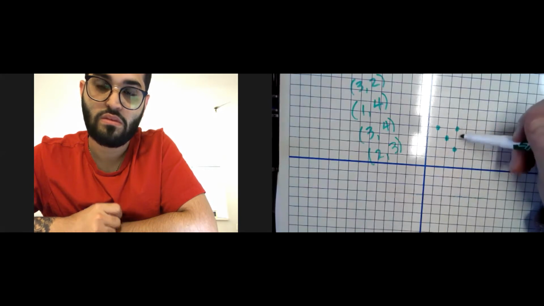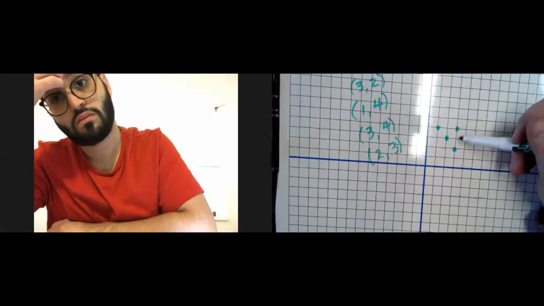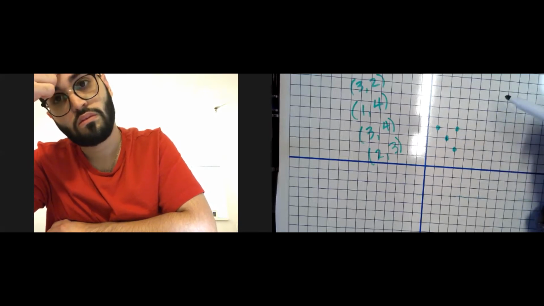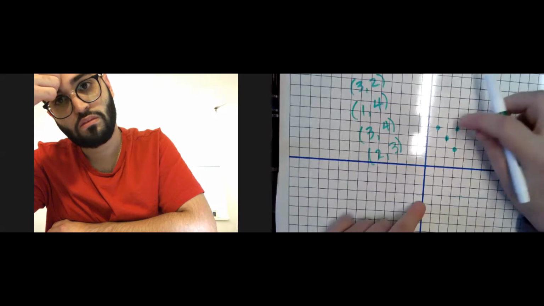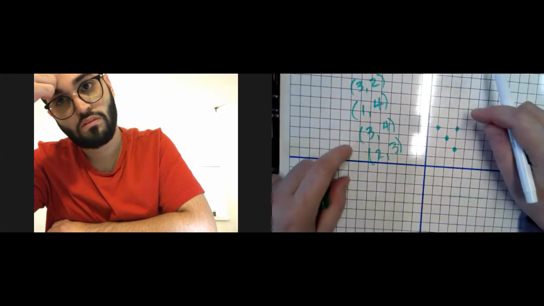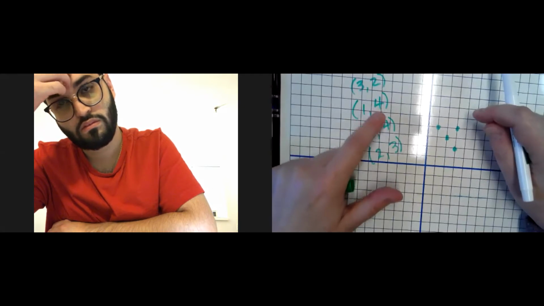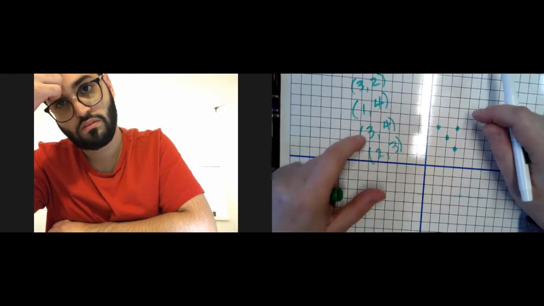So this we know is undefined. It screws up our function. That's why we don't want X to repeat. It doesn't matter if Y repeats, but it matters if X repeats.